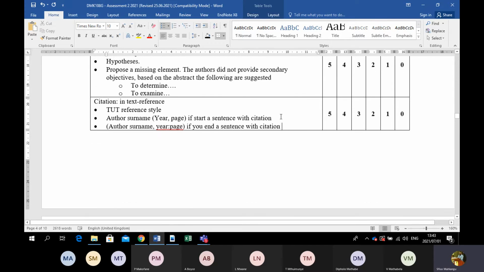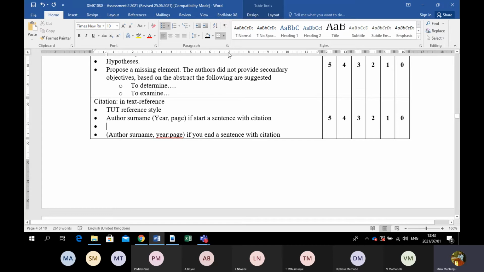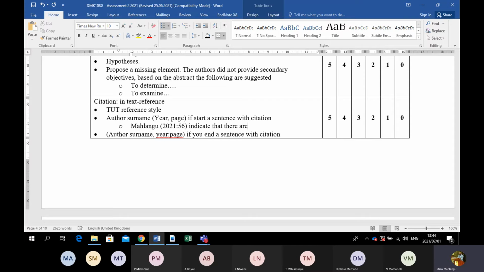Let's illustrate further using an example here. Here it will be something such as Mahlangu, the article published maybe in 2021 on page 57, indicate that they are, and then you continue your sentence.